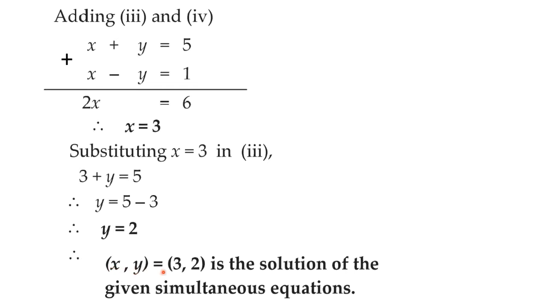That means the value of x appears first, then comma, and then the value of y. So either you can write the complete statement that therefore (x, y) = (3, 2) is the solution of the given simultaneous equations. It shows that the value of x is 3 and the value of y is 2. That means these two values satisfy both the equations.